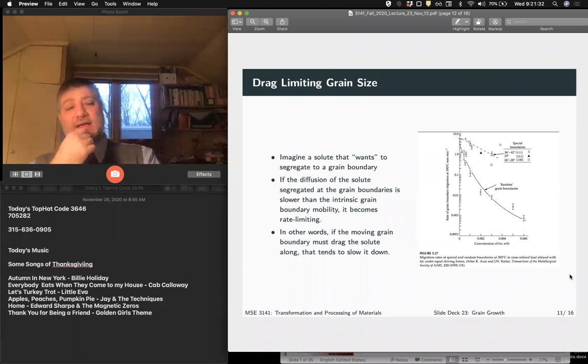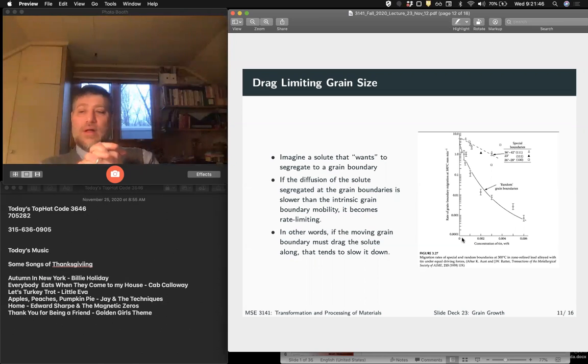And the key idea here with respect to grain boundary migration is that if our solute is happy at the grain boundaries and unhappy in the bulk, that gives us an extra energy penalty that we need to overcome to move our boundary.